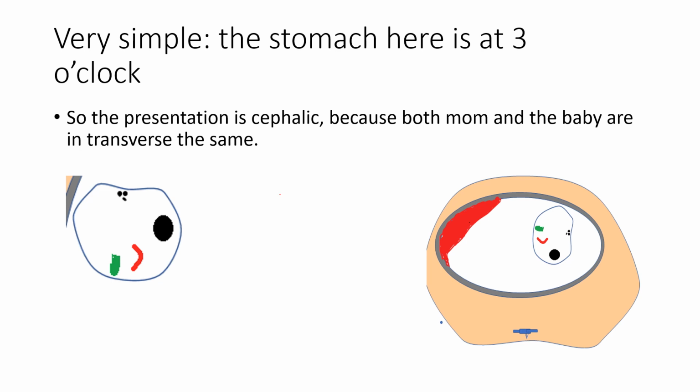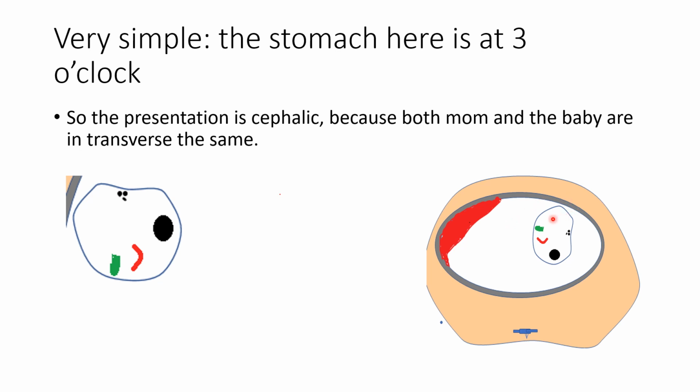It is very simple. If the stomach is at 3 o'clock and the mom and the baby are transverse, and the spine is on the left side, so the back is on the left side, and the baby is looking at the right side of the mom.